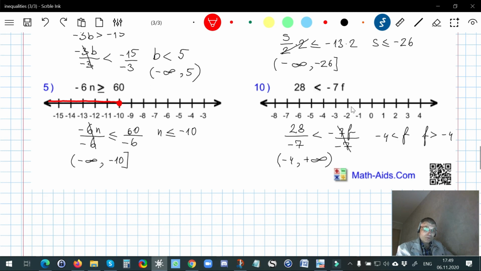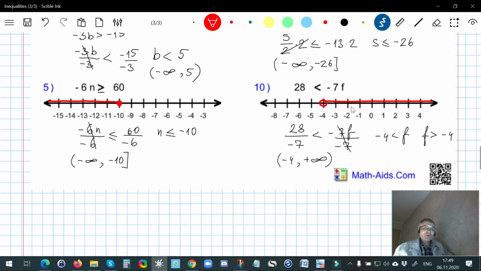I have to find negative 4 and draw a circle to indicate that I don't include this point, that my interval is open at this end, and draw it up to the end of my number line, but of course I suppose that it's going right to positive infinity, which is a nice idea, like Einstein used to say, that the universe is infinite.